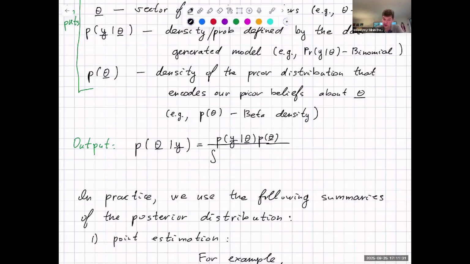This integral exists because we need to normalize, because densities need to sum to 1. So this is just a normalization constant, which turns out to be also important for many practical tasks, but right now we're not going to talk too much about this. So this is our posterior density of model parameters.